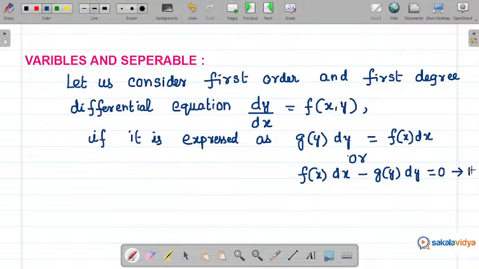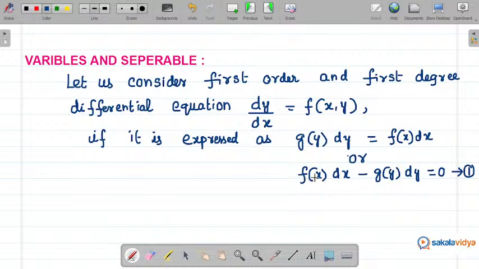Call this equation 1. If the first order and first degree differential equation is written in the form g of y dy is equal to f of x dx, or f of x dx minus g of y dy is equal to 0, then this is called variables separable.